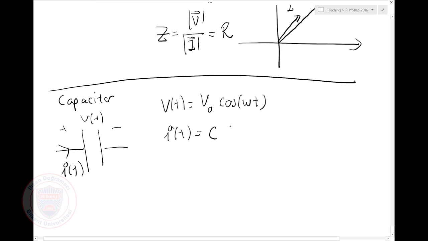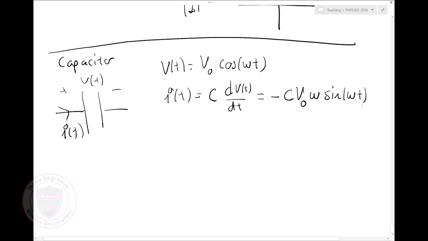I of t was C dV dt, right? C times dV dt. So it's going to be minus C times V0 times omega times sine omega t.